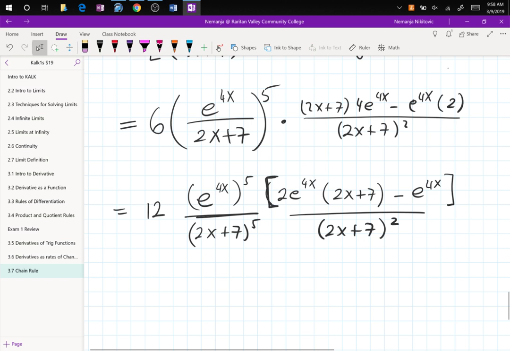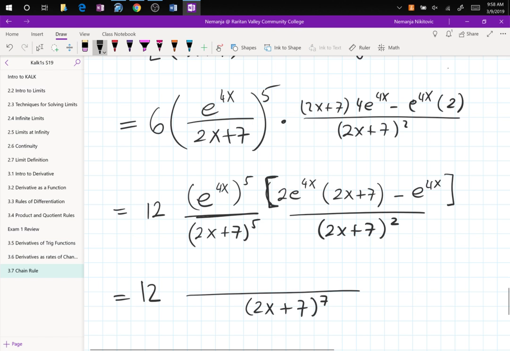So now I have 12. The denominator is easy: 2x plus 7 to the 7th power, using basic algebra that, let's say, x to the 5th times x squared is x to the 7 because 5 plus 2 is 7.